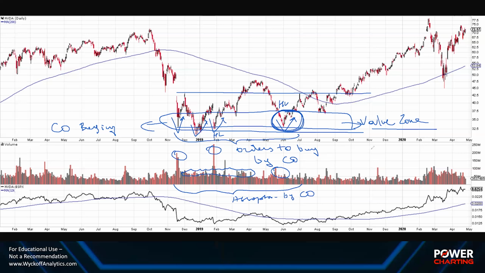And so that is evidence of absorption of shares and that there's less stock available to buy. And so now for a CO to complete their ownership, they're going to have to buy on a scale up off those June lows. And you see there that the next decline in August only can go to the midpoint of the accumulation structure, which is exceptionally bullish.